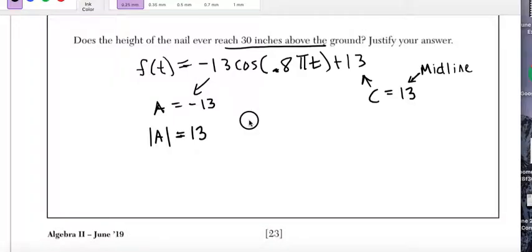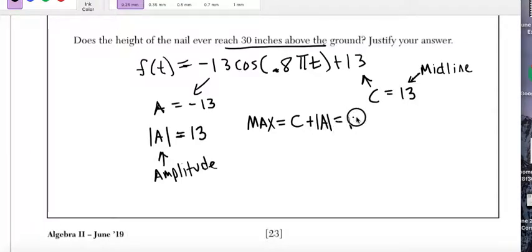Well, to get the maximum height of the cosine curve, you add the, again, this is the amplitude. The maximum height, because they're asking, does the height of the nail ever reach 30 inches above the ground? The maximum is always the midline, C, plus the amplitude. That becomes 13 plus 13.